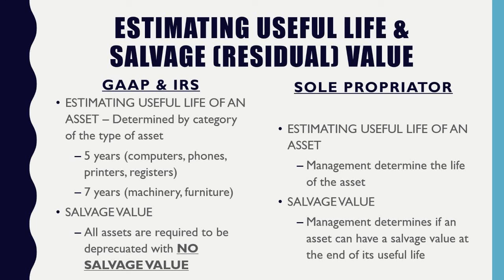But for this case, I want you to only know two numbers, 7 and 5. 5 is typically for any type of electronic, mostly electronics. Where your 7 years are going to be something like machinery, or furniture, or even trucks. They fall under the 7-year rule.